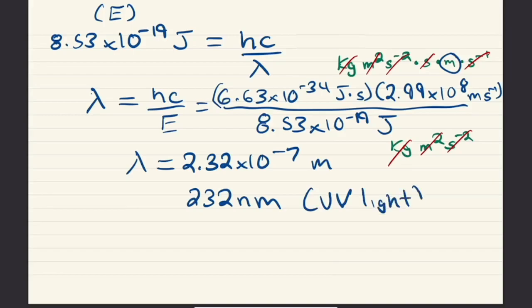And that makes sense, right? UV light is powerful enough to remove electrons from many different materials.